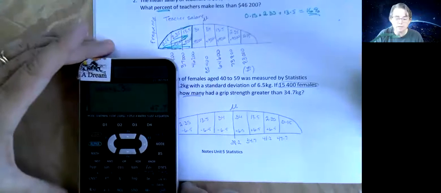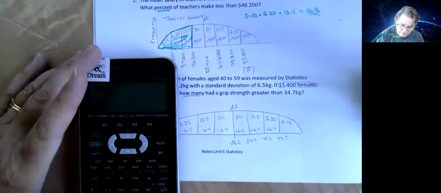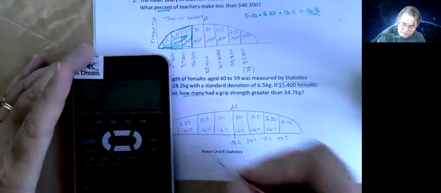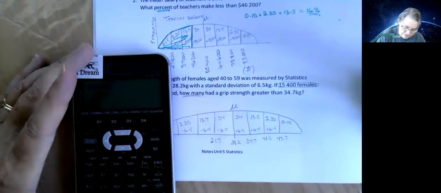All right, going the other way. 28.2 minus 6.5, minus 6.5.